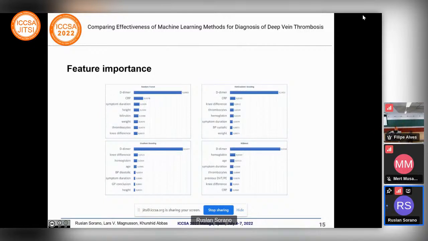So the D-dimer blood test, which is already used for ruling out DVT, is also confirmed by our techniques as the most important in thrombosis diagnosis. But the next finding was that the top approximately 10 predictors, even though they were in different order for different algorithms, are the same 8 to 10 predictors, which are not as significant as D-dimer, but they also add some weight.